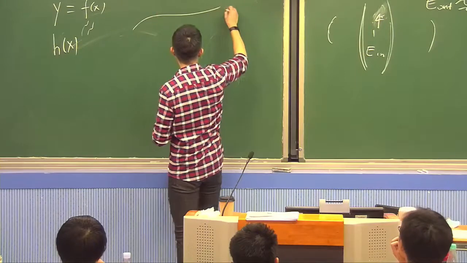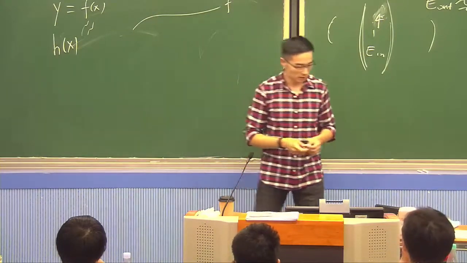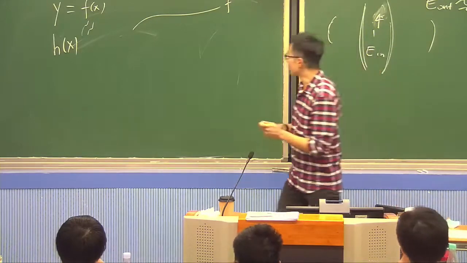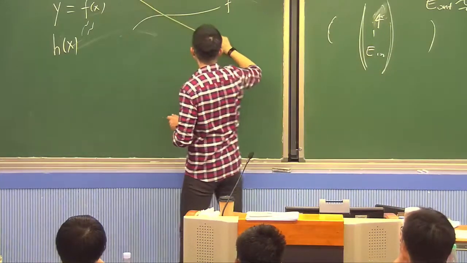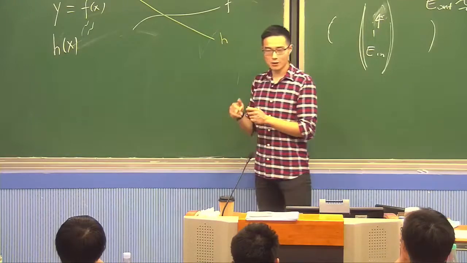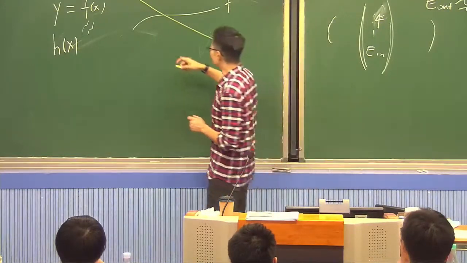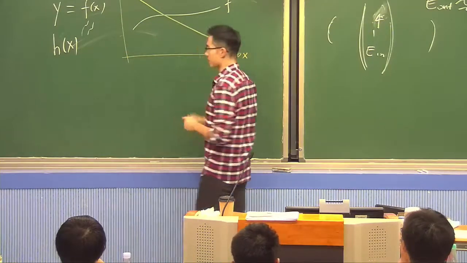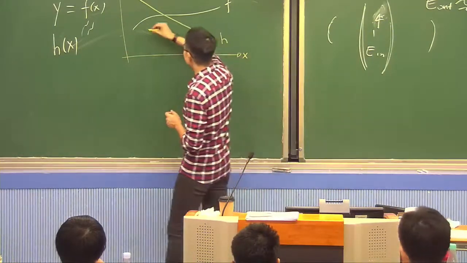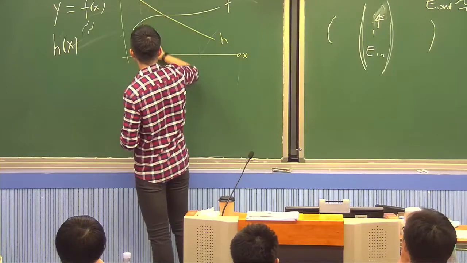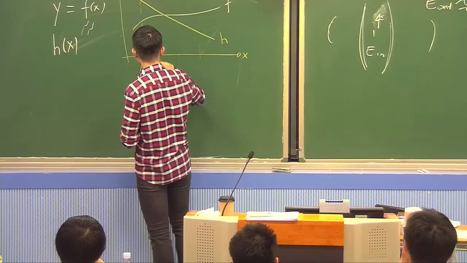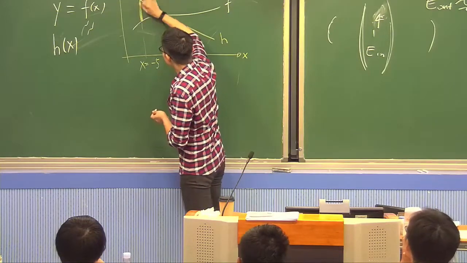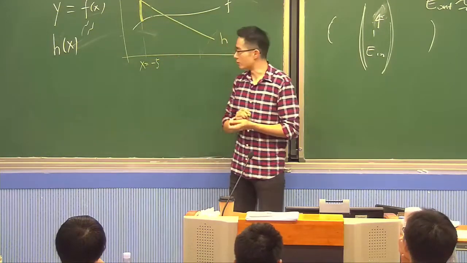So suppose this is our f, and this is our h. How do we measure the distance between them? So here we have x. Let's say at this point, suppose this is x equal to -5, then this is the difference between them.